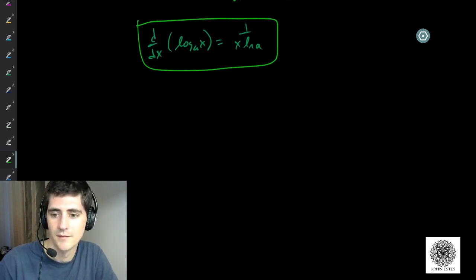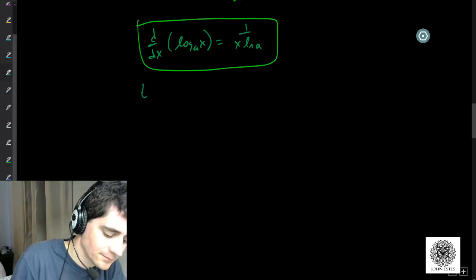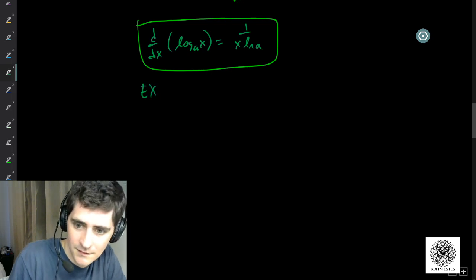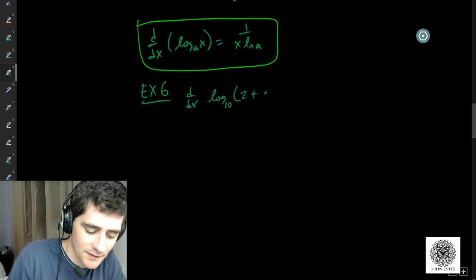All right, good. So if I was going to do something, let's see. Yeah, we'll do this one. We'll do example 6. I want to find the derivative of log base 10 of 2 plus sine x.